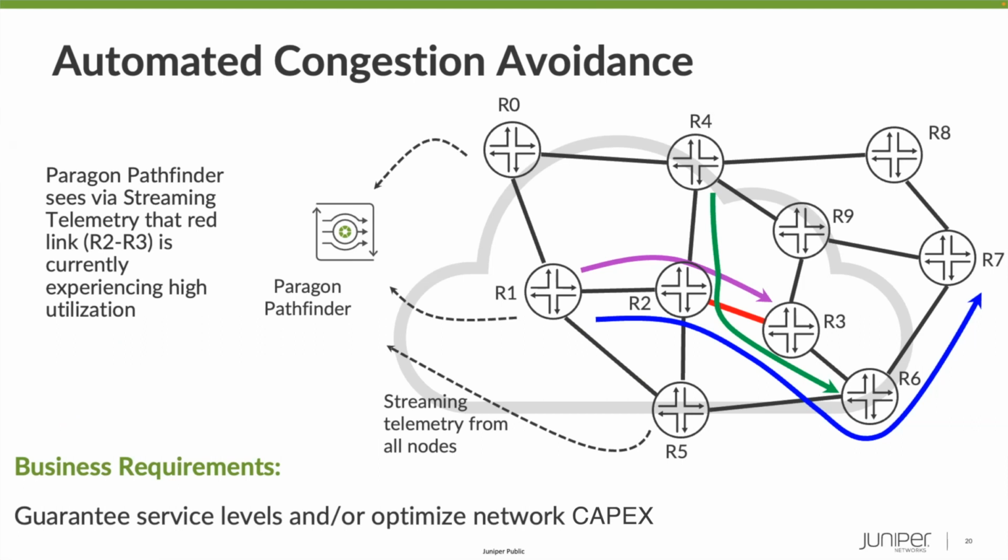And so Paragon Pathfinder is receiving streaming telemetry relating to traffic. And that telemetry is of two different types. First of all, the routers are reporting how much traffic is traveling on each physical link.